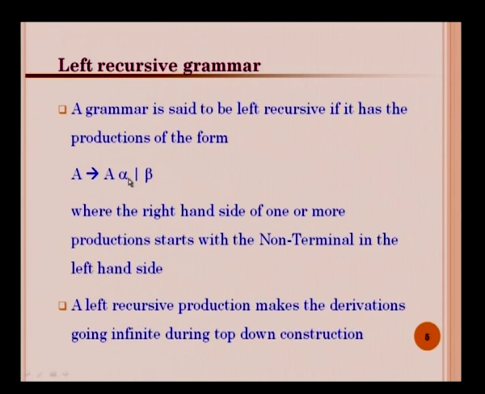And the problem with a left recursive production arises when we are constructing the tree in a top down fashion. The compiler can parse strings either in a bottom up approach or in a top down approach, and if the top down approach is followed, then we start the construction of the tree from the root, and if the root is labeled with that variable, and that variable is every time introduced on the leftmost subtree, we will be trying to expand only the leftmost subtree and try to find out whether there is any matching pattern from the string which is to be parsed.